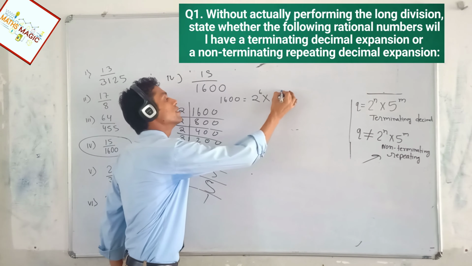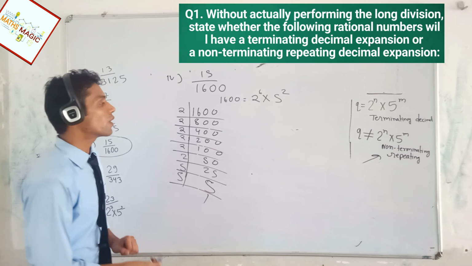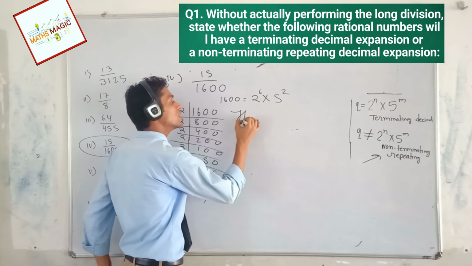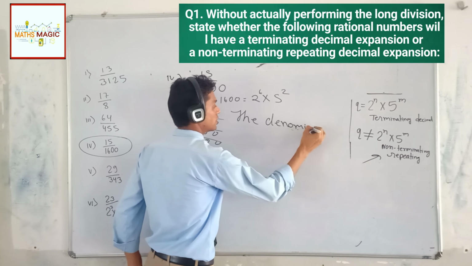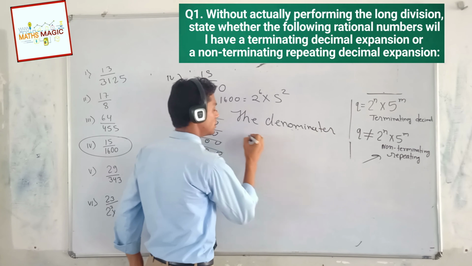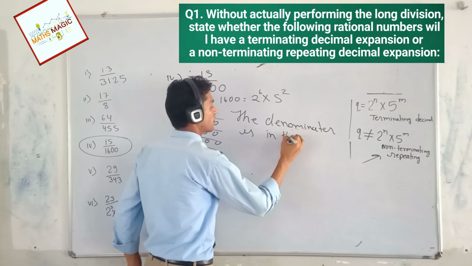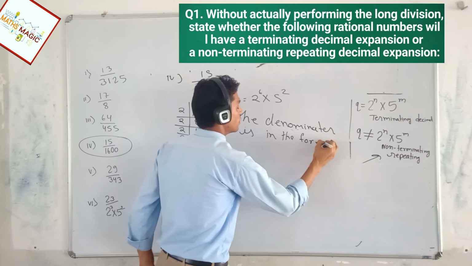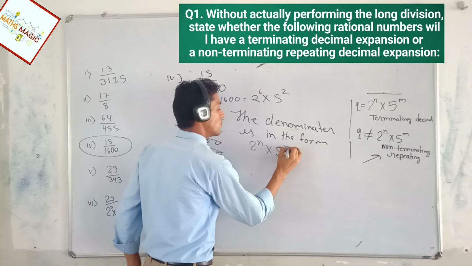We can write it in the short method. So now what can we say? The denominator is in the form 2^n 5^m.